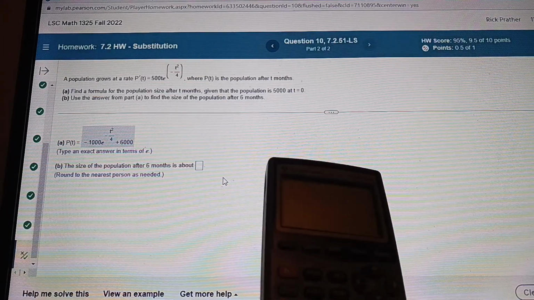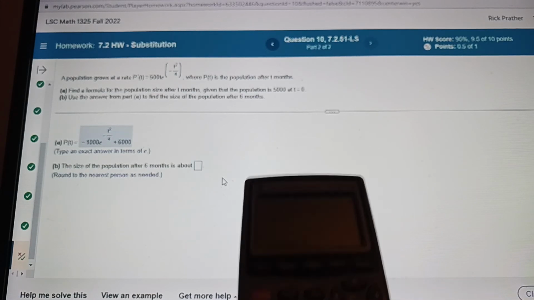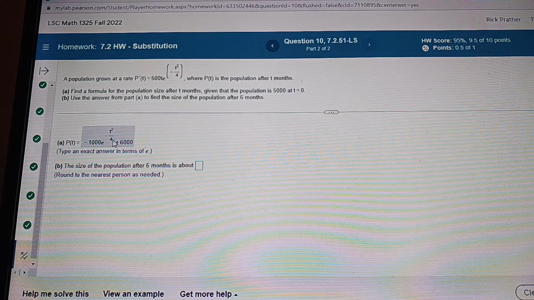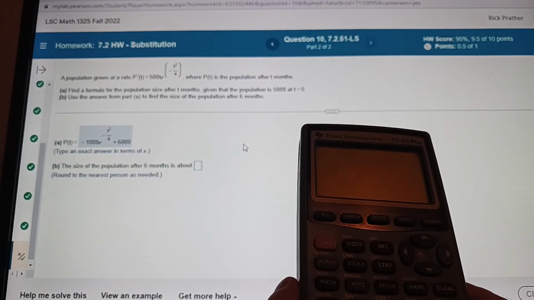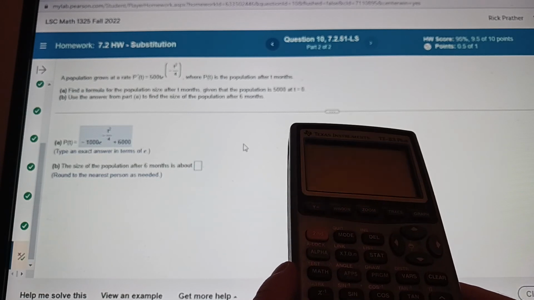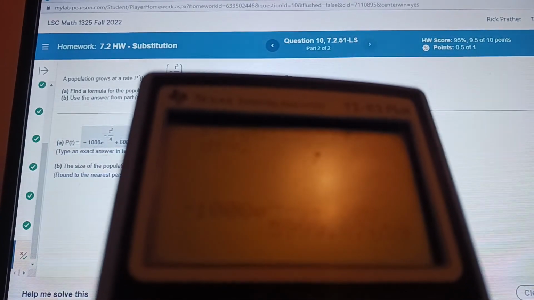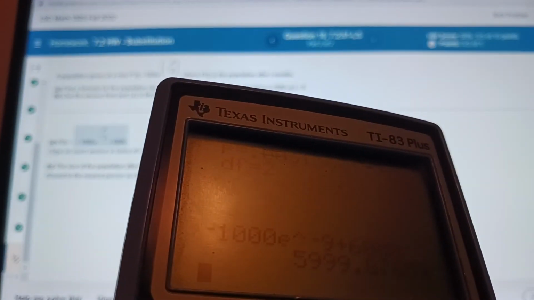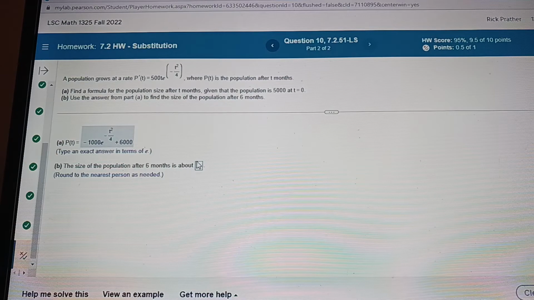So negative 1,000 e raised to the, now if you plug 6 in, 6 squared is 36. 36 divided by 4 is 9, so it's just a little easier to type negative 9 rather than negative 36 over 4, plus 6,000. So I'm typing it in that way, and then they say round to the nearest person. So 5999.8, that would be about 6,000 people.